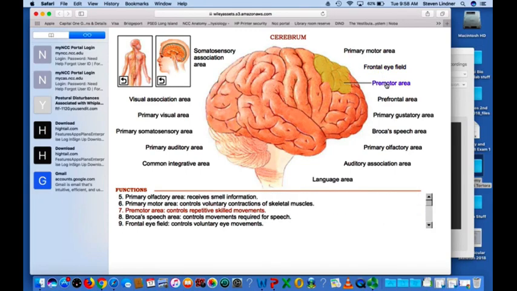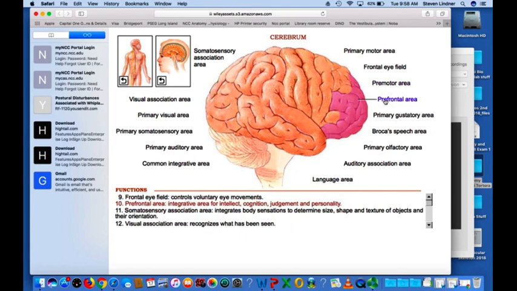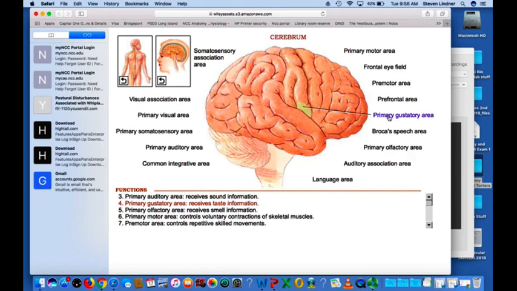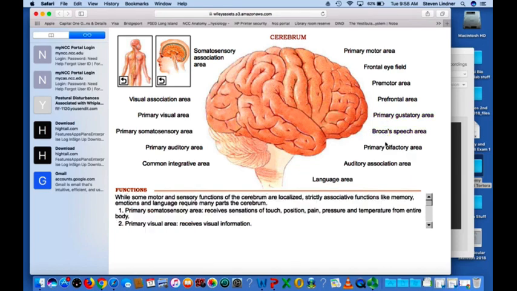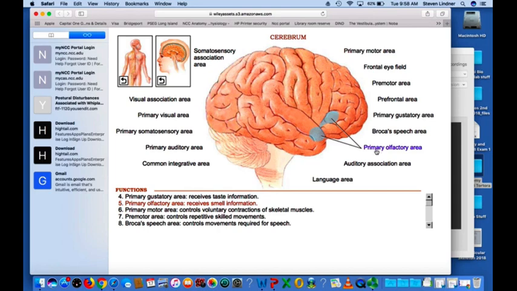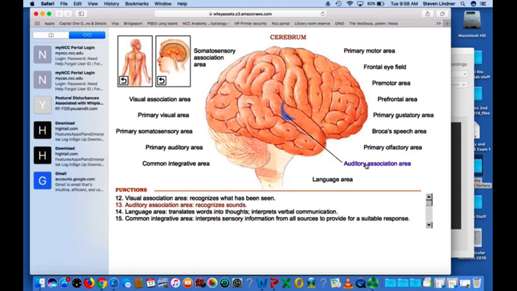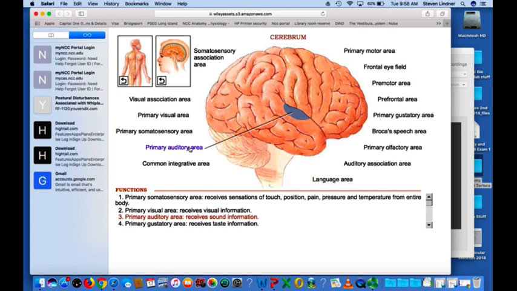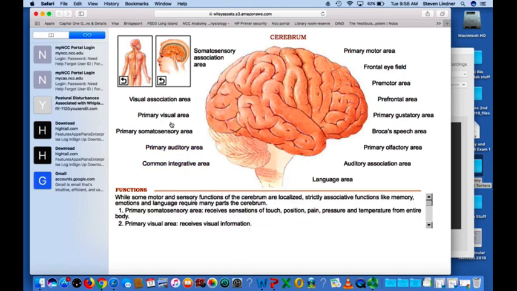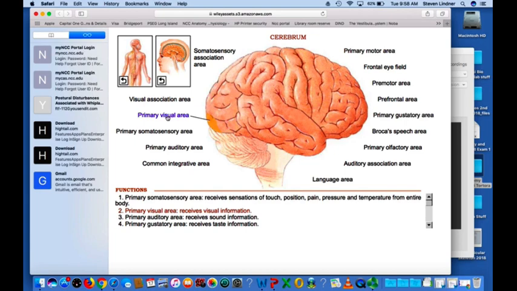Premotor, hey, before it moves, you gotta initiate it. Prefrontal, you gotta think about moving it. Gustatory for taste. Broca's for speech. Olfactory for smell. Auditory, primary auditory. Common integration. Primary visual area.